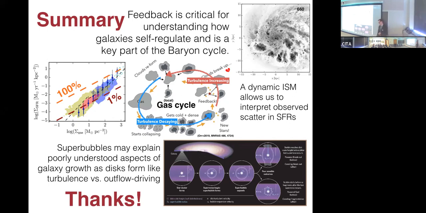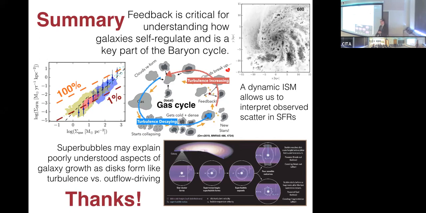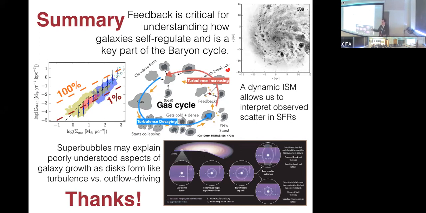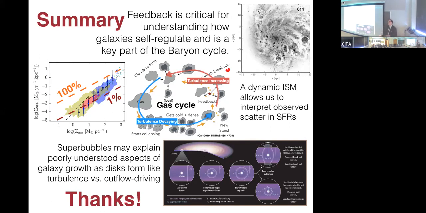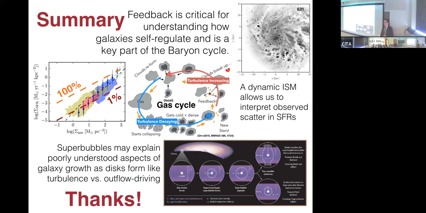So at least in the disk, locally, it's not affecting it, but the dynamical time, the turnover time, is affected by the global distribution of dark matter. Hopefully that answered your question. Okay, so that's good.